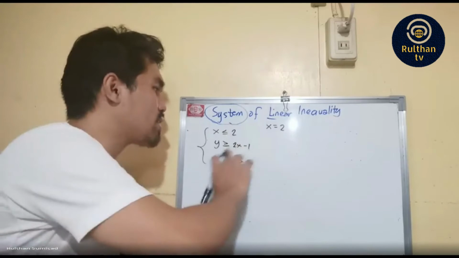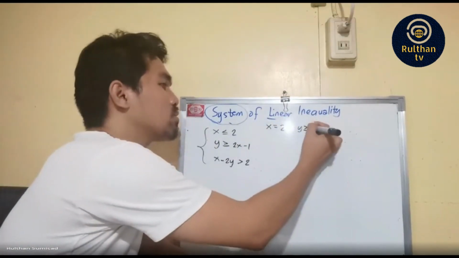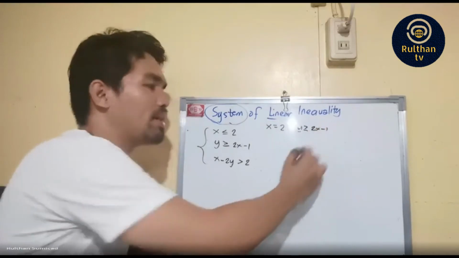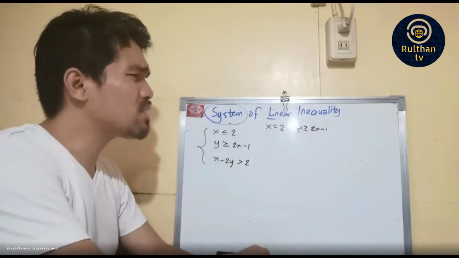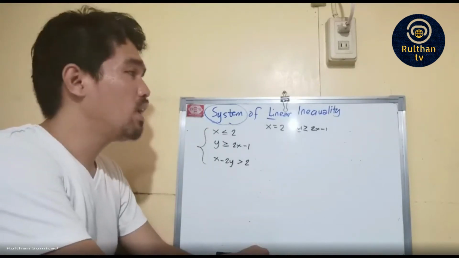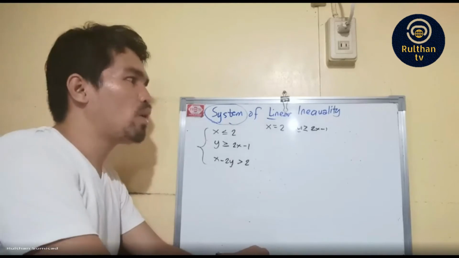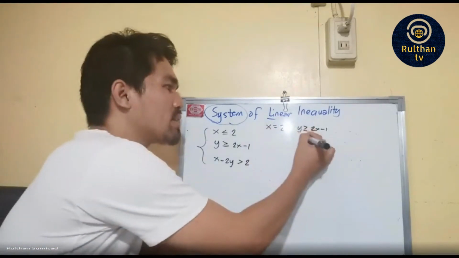Now I'll take the second one: y is greater than or equal to 2x minus 1. Of course, we will look for a solution here. What will be my y when x equals 0?